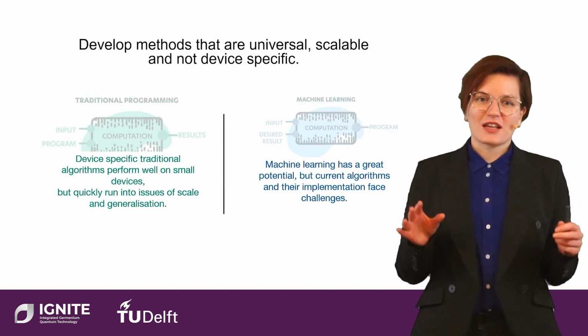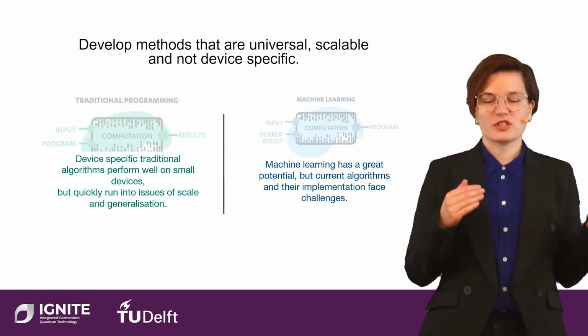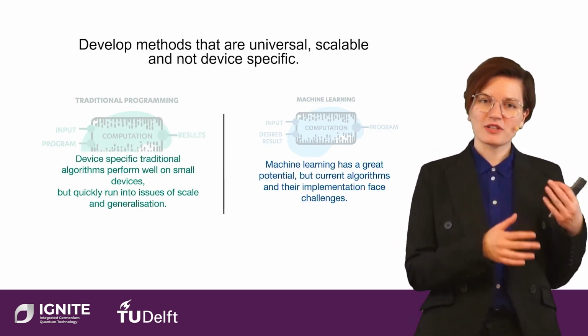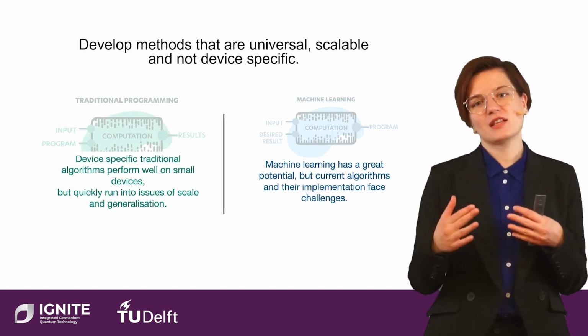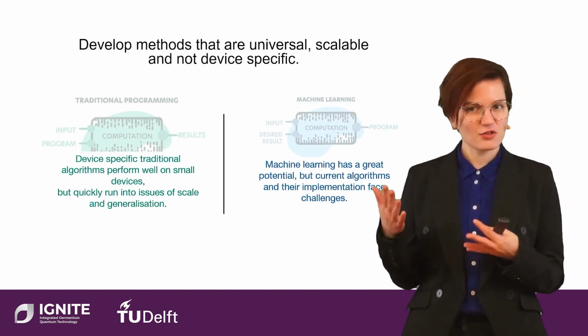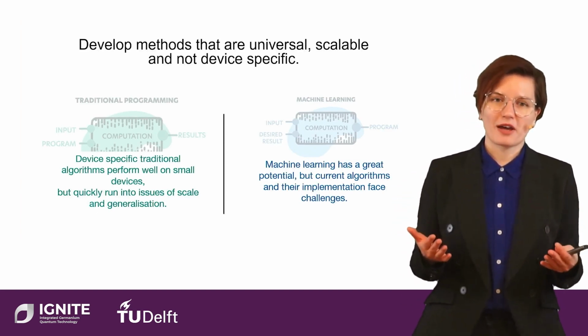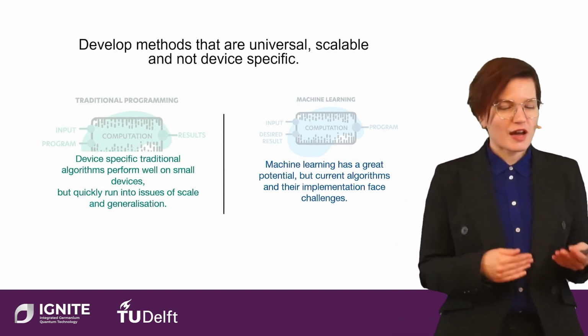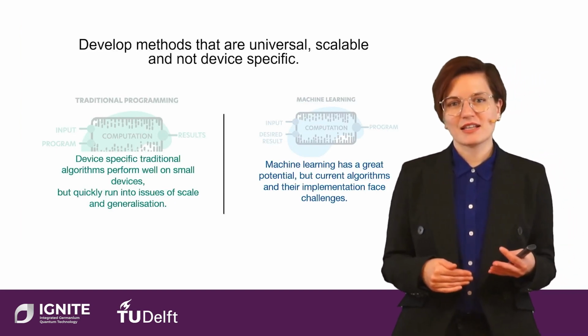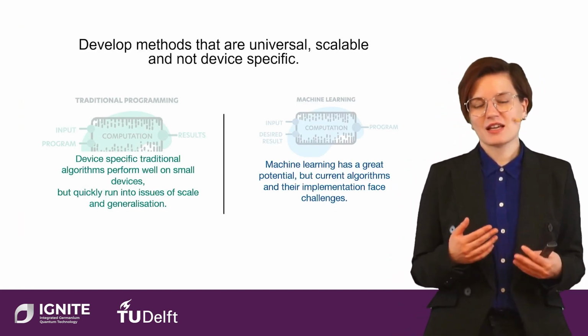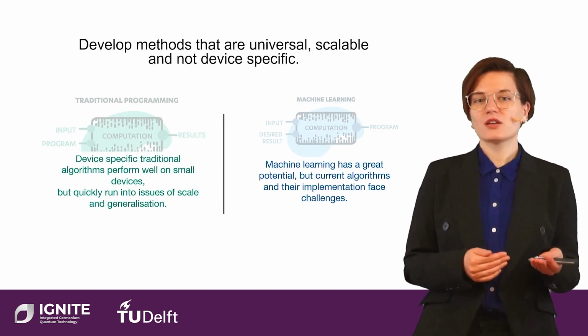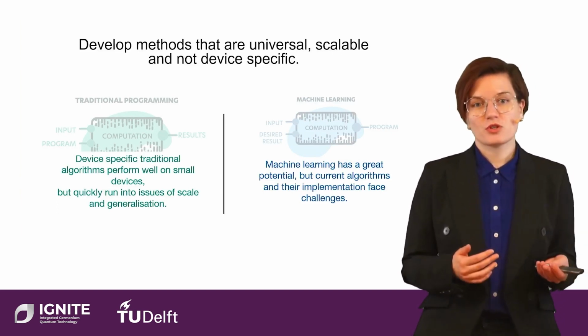So if we just quickly compare traditional programming, how we defined it at the beginning, with this AI or machine learning view on programming, we have an interesting comparison. So far, definitely on smaller devices, these deterministic, standard tuning algorithms can perform super well.